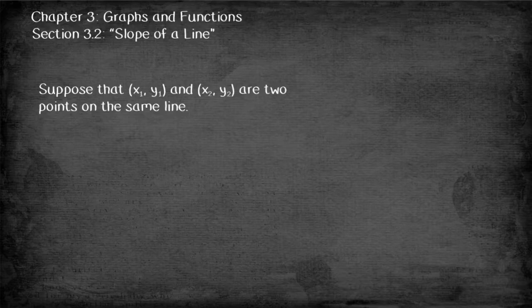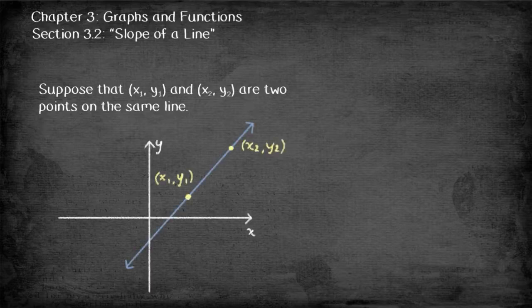It's really just to signify that x and y with subscript 1 belong to the first point, and the x and y with subscript 2 belong to the second point. So you have 2 points, which means you have a line that they're both on.